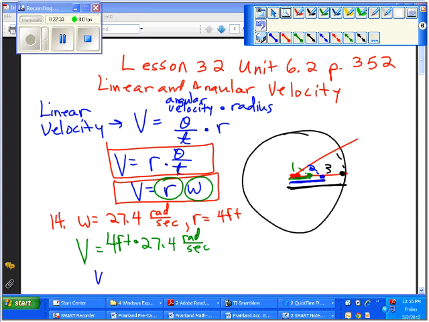And we're going to get velocity is equal to 4 times 27.4, which is 109.6 radian feet per second. I put feet per second. I should have put radian feet per second.